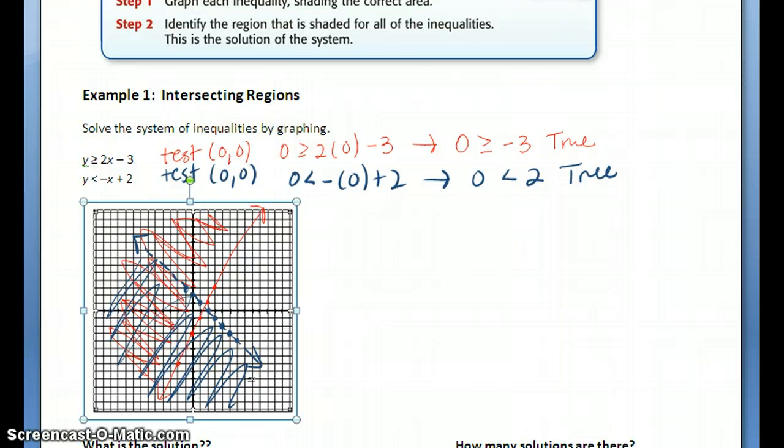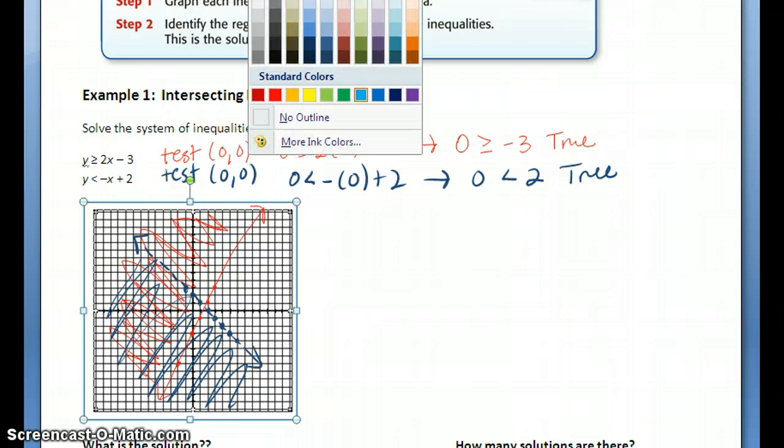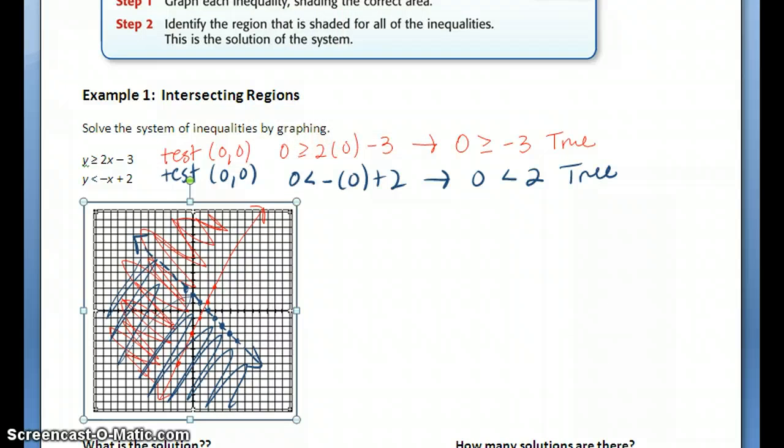Now I've constructed regions. Let's see what I can do as far as your regions are concerned. One of my regions is region 1. I have another region, and that would be over here, region 2.